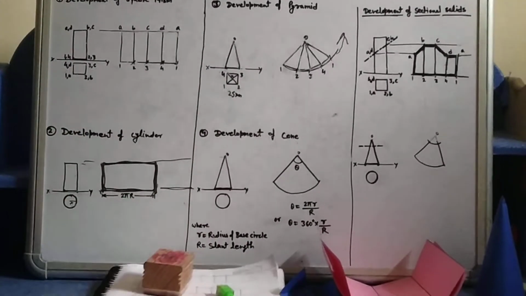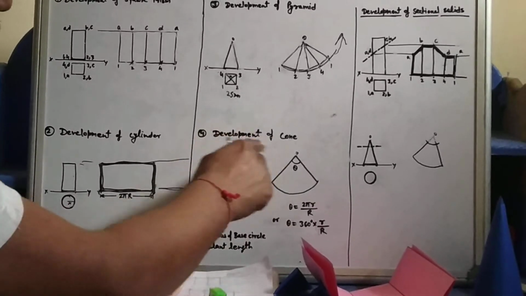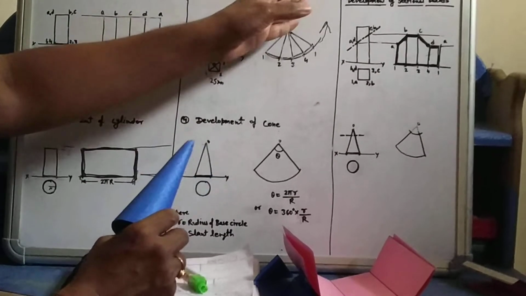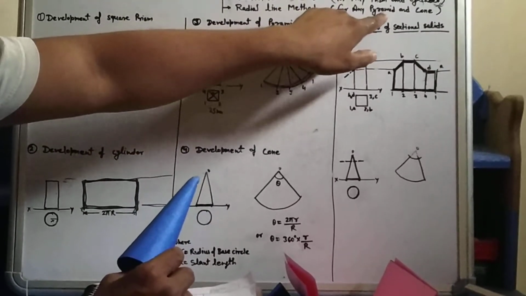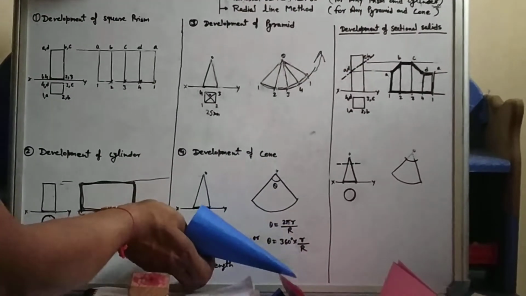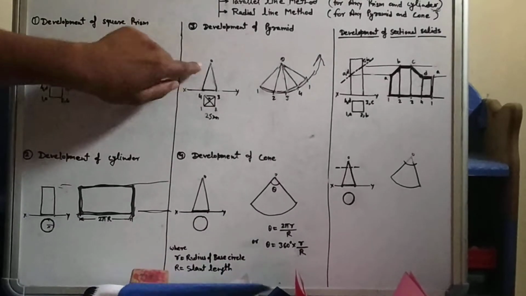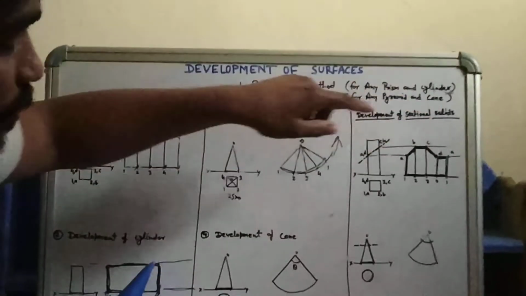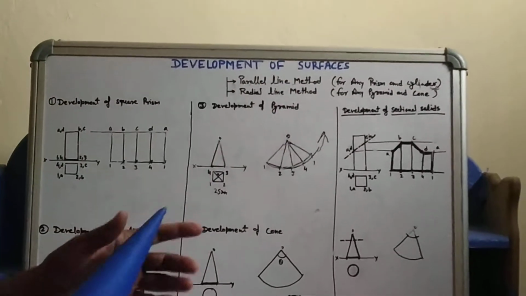Now take the next example, and that is the cone. This is also an example of the radial line method. We have already taken the example of a square pyramid, and one more solid is the cone. This will also be drawn by the radial line method.